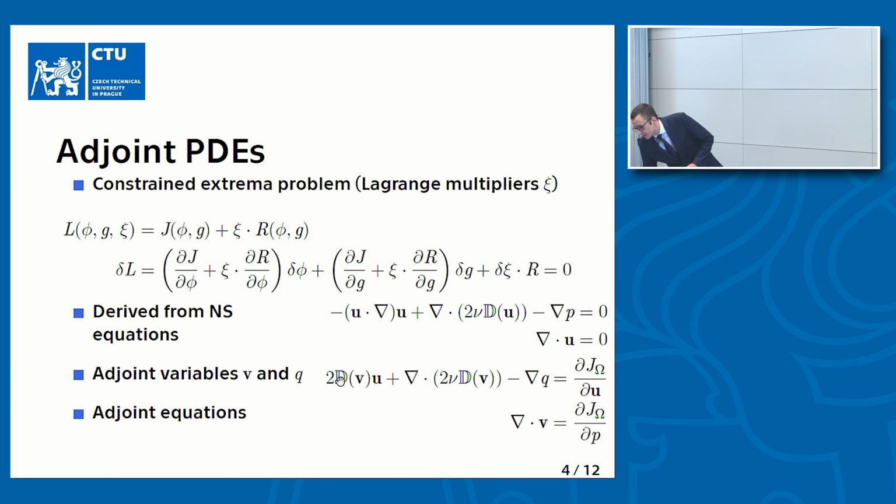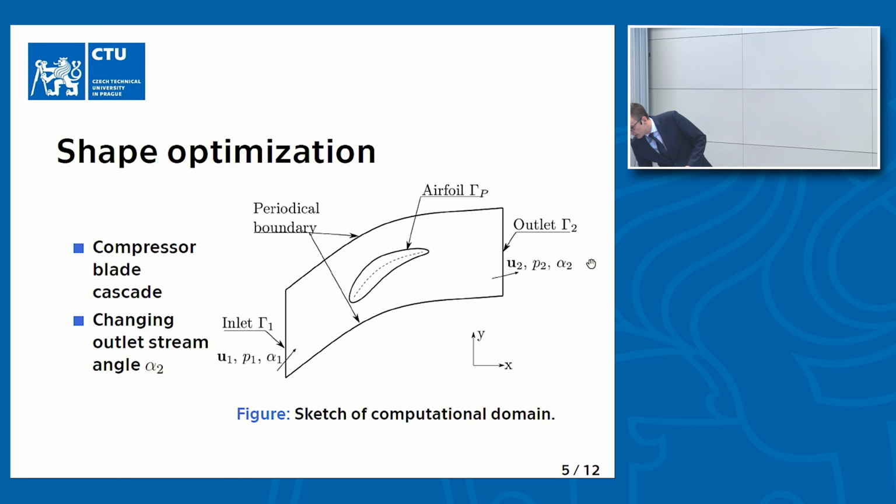And now let's get to the application. So we will be trying to optimize the shape of an airfoil inside a blade cascade. The typical computational domain looks like this on the right here. So we have an inlet boundary, an outlet boundary, the airfoil in the middle, and periodical boundary conditions on the top and bottom, which should represent the blade cascade itself.